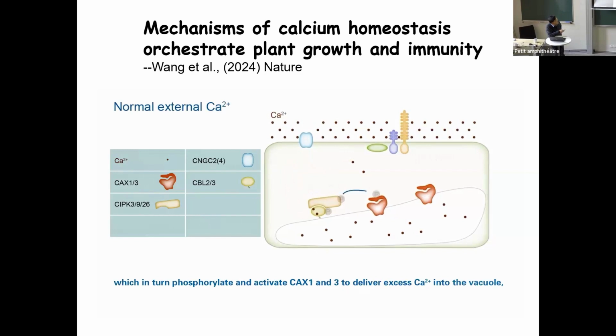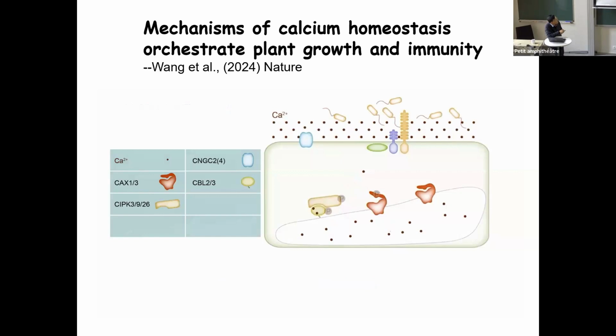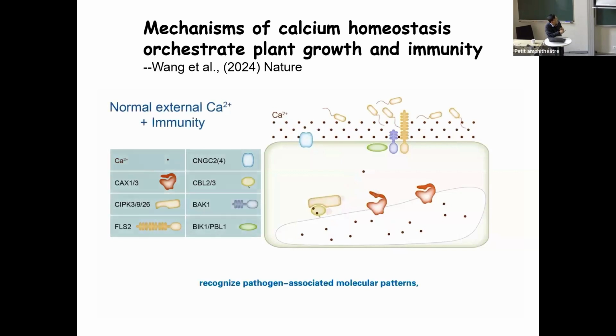And then when it reaches a certain level, it activates CBL-CIPK, and that in turn activates a calcium-sequestering transporter, getting the excessive calcium into the vacuole and reducing the calcium level. Calcium is toxic, by the way. So again, this is an auto-regulation, right? When the calcium level reaches a certain level, it activates CBL-CIPK to get rid of it, right?